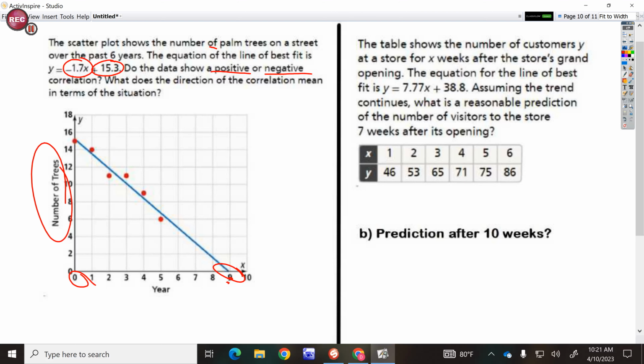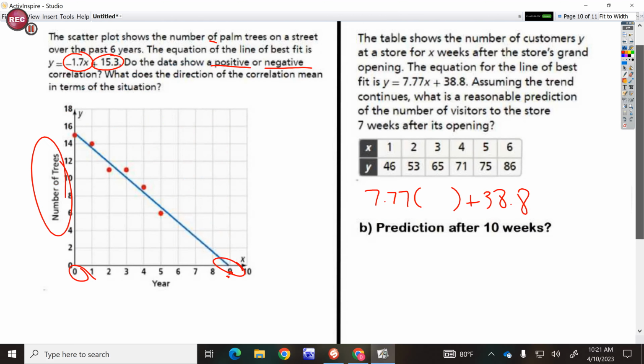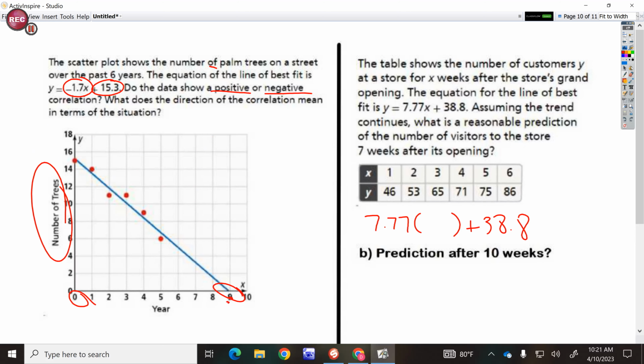Now these are the real questions right here. The last one we're going to do. So watch the equation here. 7.77 times x plus 38.8. So grab your calculator and let's answer the first question together.